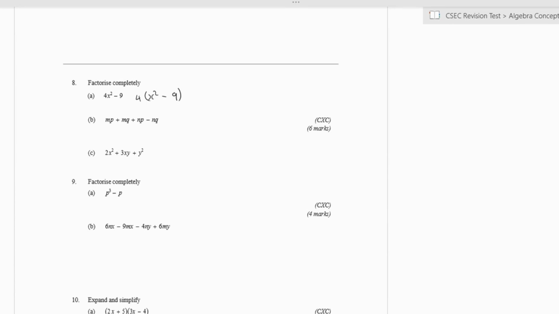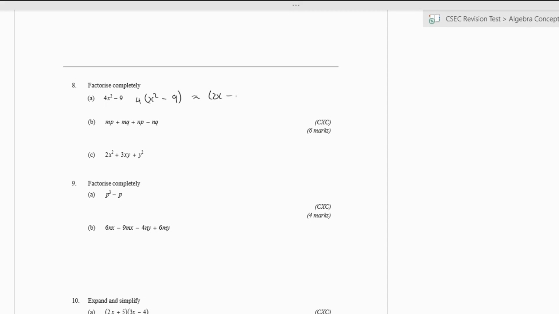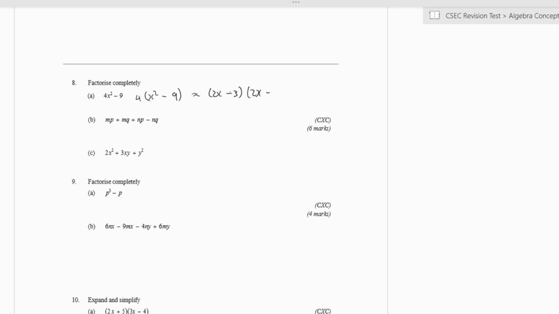Something must square to give you x squared, so it can be x, and something must square to give you 9. So if we have 2x minus 3, 2 squared is 4, you have 4x squared, and 3 squared is 9, giving you the negative 9. That would be our difference of two squares.